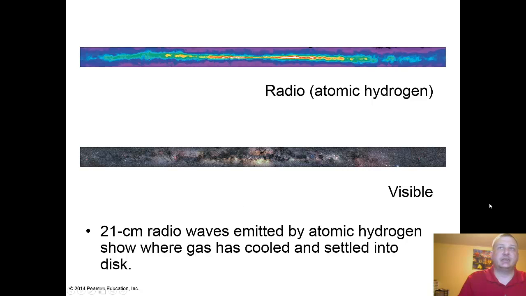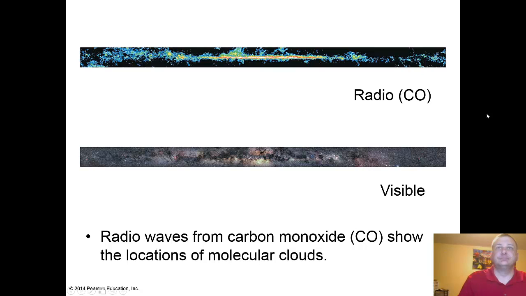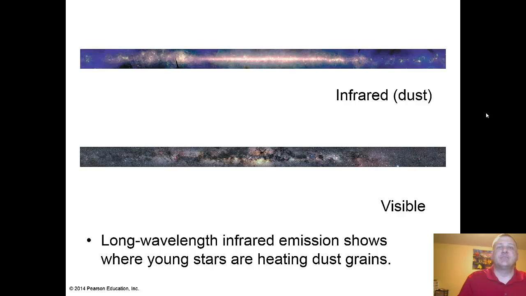And so we can look at the pure element of the universe, hydrogen gas in the atomic state, where the gas is cooled and settled into the disk. In the radio waves, we see carbon monoxide show the locations of the molecular clouds.